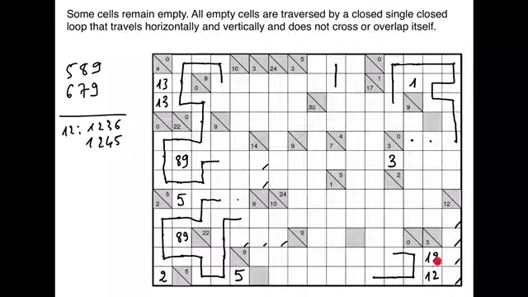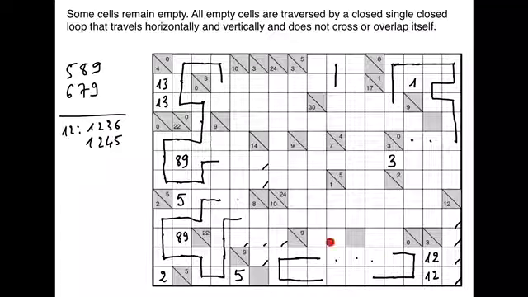So those 3 cells contain digits, and therefore all those cells must be in the loop. The plot thickens. Going in the loop here can only be made this way, and it goes on this way.